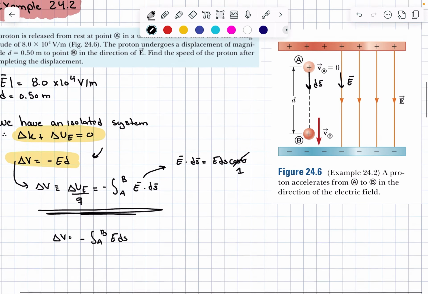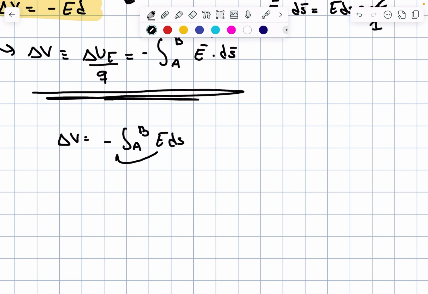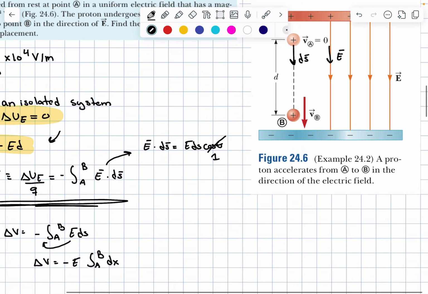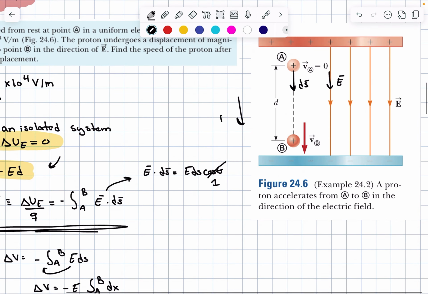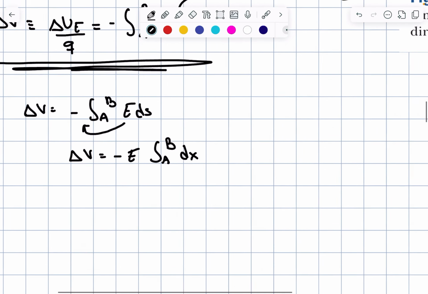Now, because we have this uniform electric field, we know that E is constant, so we can just take E out, and we get delta V is equal to negative E times the integral from A to B. Instead of saying ds, we're just going to call it dx. It doesn't really matter. I can call this the positive x direction if I want to. That's just whatever you feel like doing here.